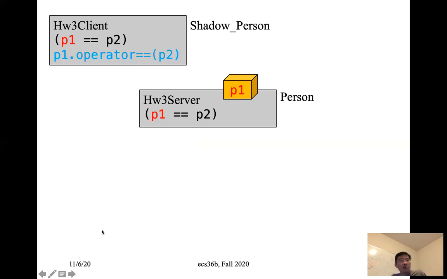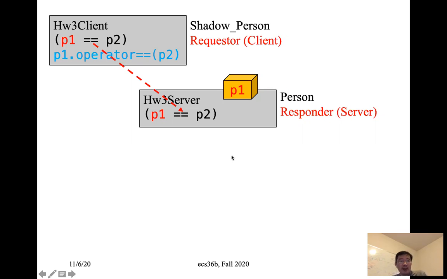It's actually going to call the operator, but the object that is the target, P1, is located on another machine, HW3 server. So I'm making a call for operator overloading on HW3 client, but P1, the object that is going to respond to the request, is on the other machine. Essentially, we want to call a function that is hosted in person.